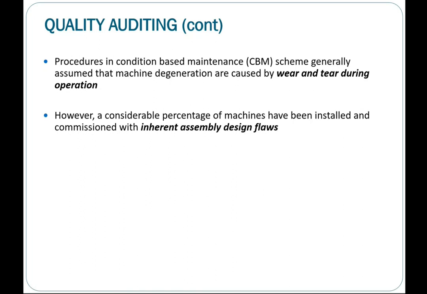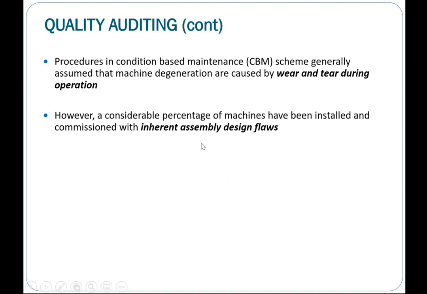The high vibration, one time you will say that it's unbalanced, then you go and balance it, try to reduce, but then over time it will come back again, because the actual root cause in this case is what we call the inherent assembly design flaws or dynamic design faults that are actually causing the high vibrations.